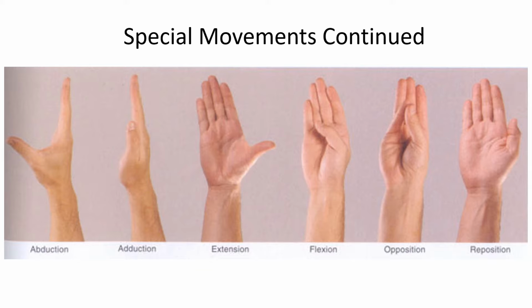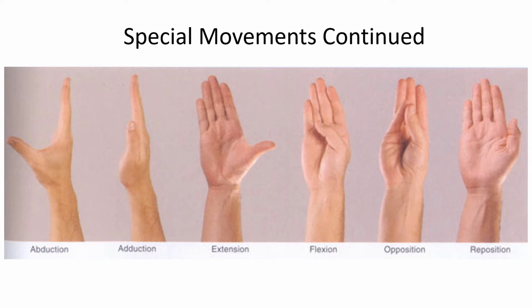If you stick your thumbs out more, make them more lateral, then that would be abduction with a B. You're moving your thumbs away from the midline of your body. If you bring the thumbs back towards the other fingers, you're bringing them towards the midline of the body, and that would be adduction with a D.